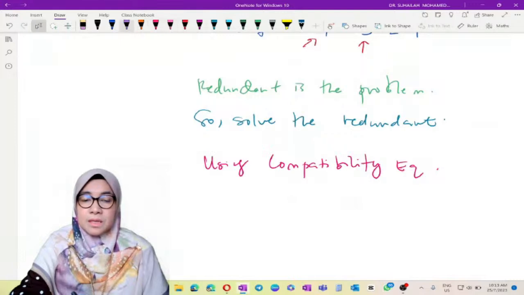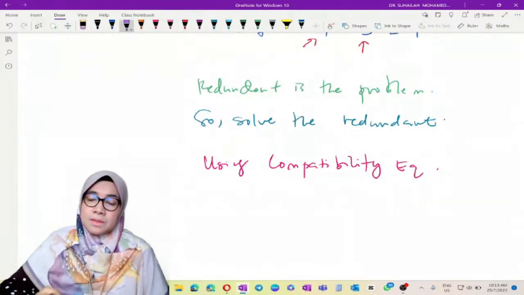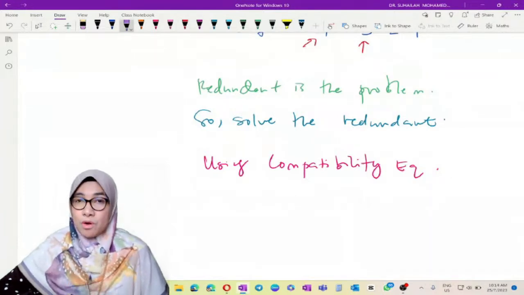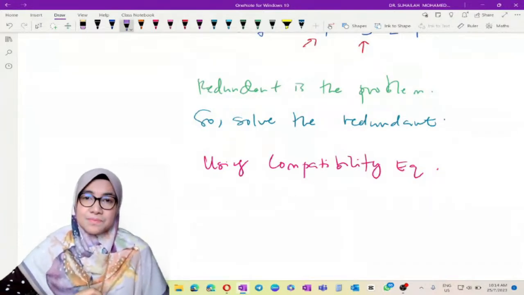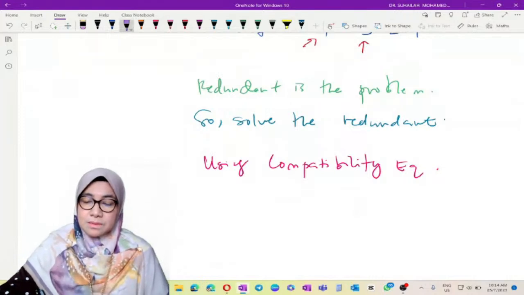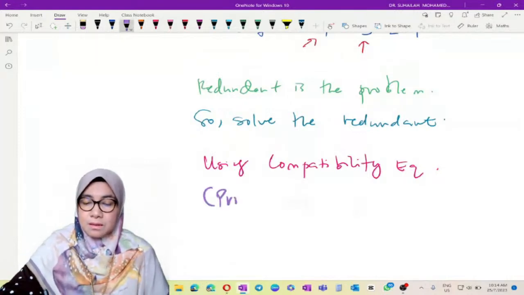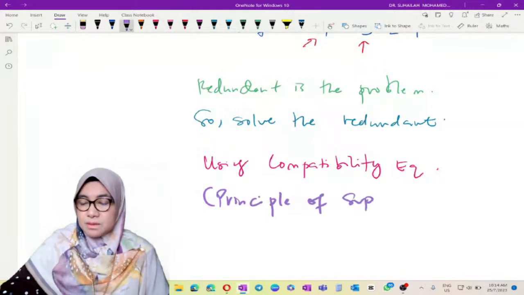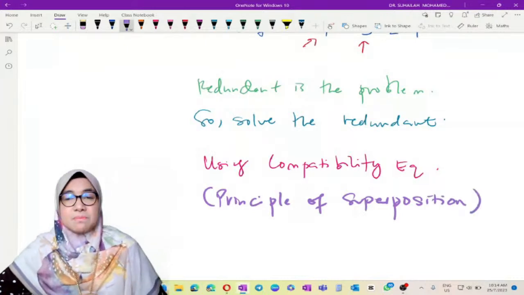The basic principle that we use to solve the redundant is called the principle of superposition. That is the principle, the base.